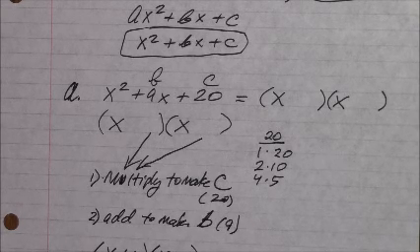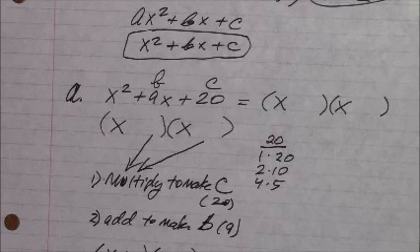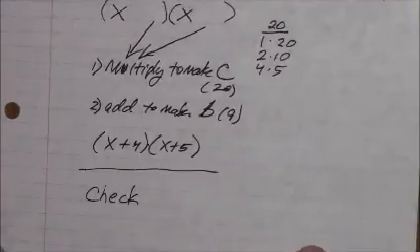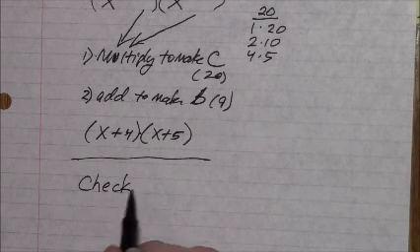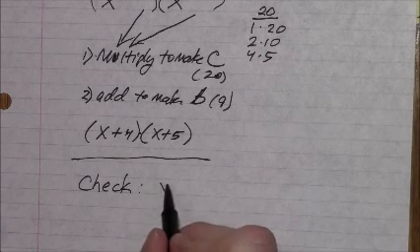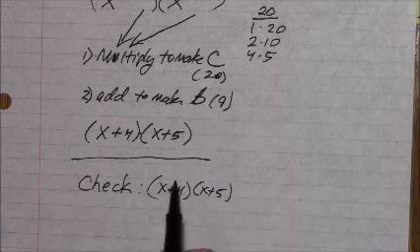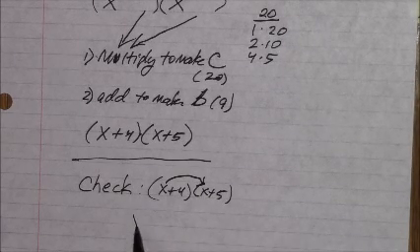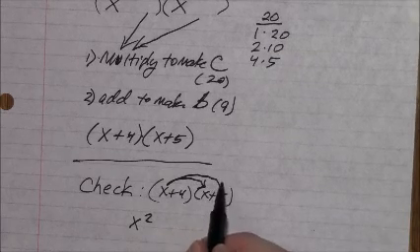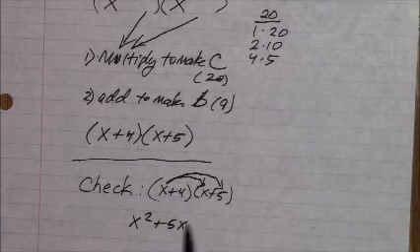Now, having done that, we should check it, and these are really pretty easy to do. You check them by simply multiplying it out. So let's do x plus 4 and x plus 5. Now do x times x, which is x squared, and then the x times the 5, which is 5x.